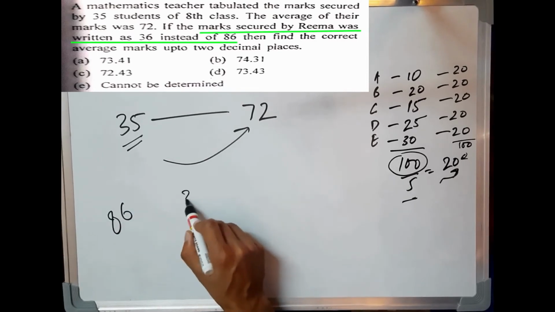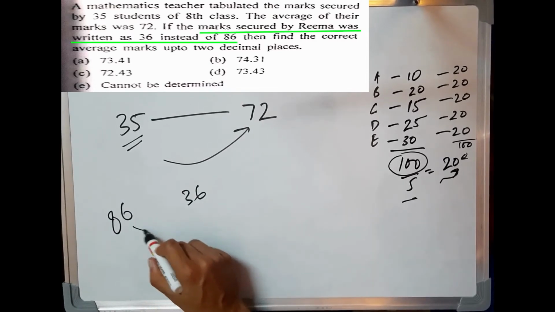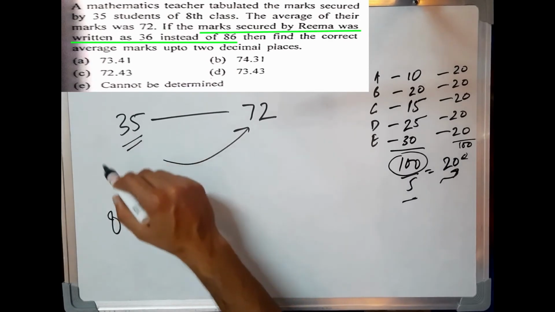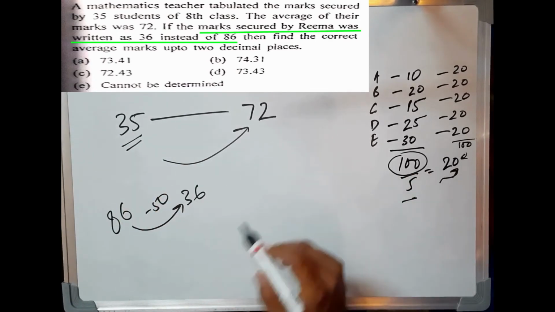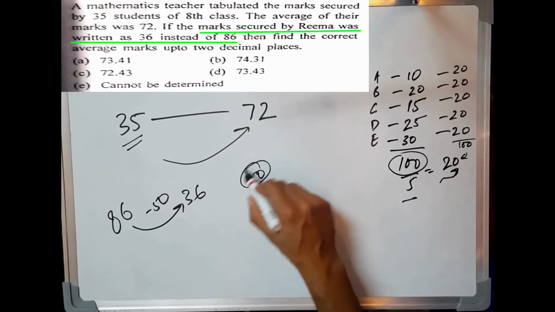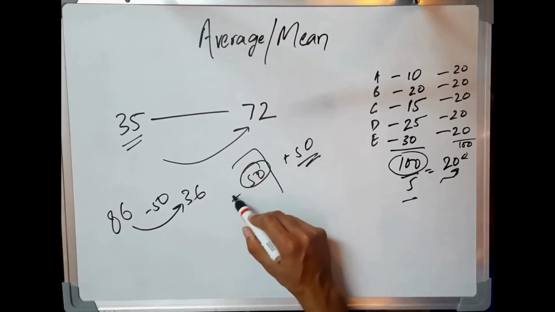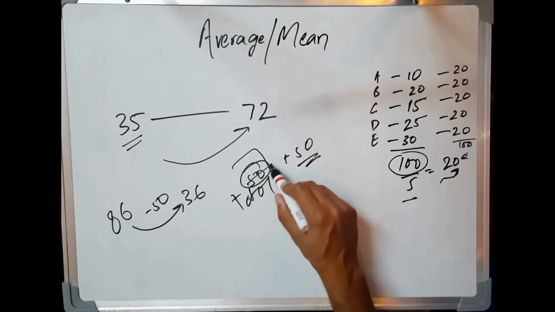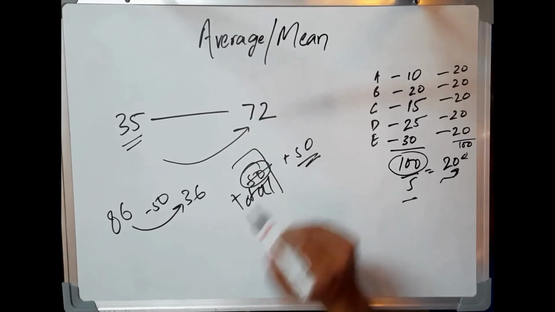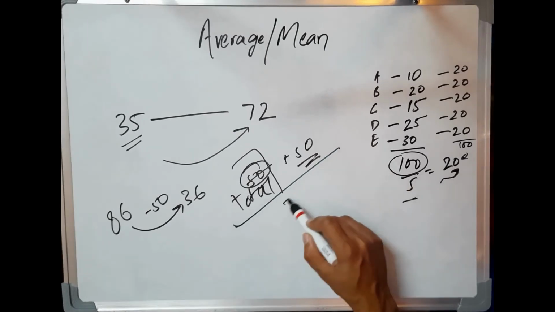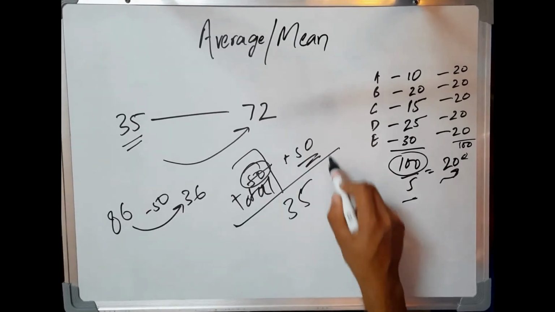She took Rima's marks as 36 instead of 86. That means the total now is 50 marks less than what she would have got provided she didn't make that mistake. Now 50 marks need to be added to the total marks obtained by the students. Then this new total will be divided by 35. The new average so obtained will be our answer.